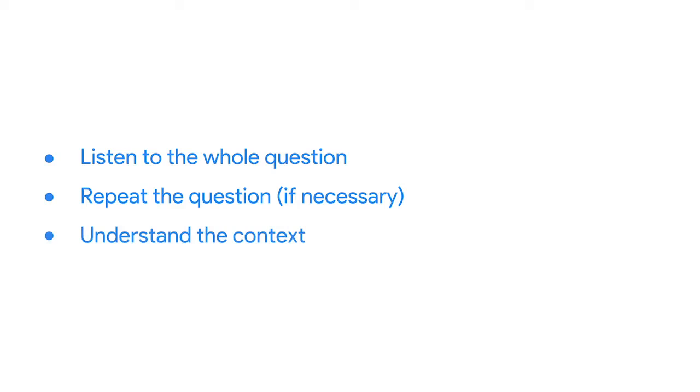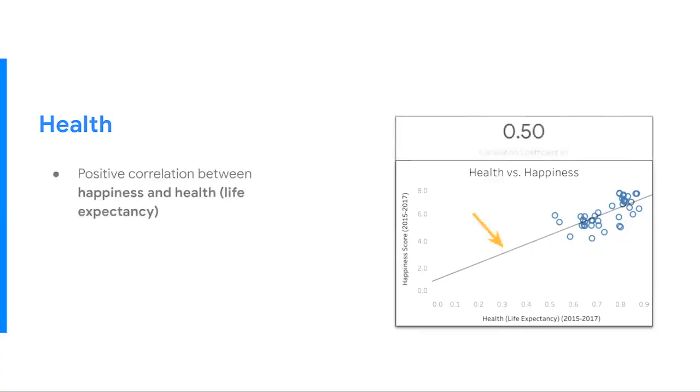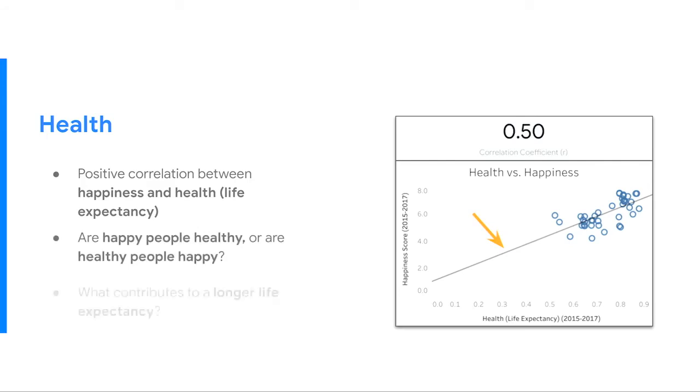As always, make sure you understand the context questions are being asked in. Think about who is your audience and what kinds of concerns or backgrounds they might have. Remember the project goals and your stakeholders' interests in them. And try to keep your answers relevant to that specific context, just like you made sure your presentation itself was relevant to your stakeholders. We have this slide with data about life expectancy as a metric for health.